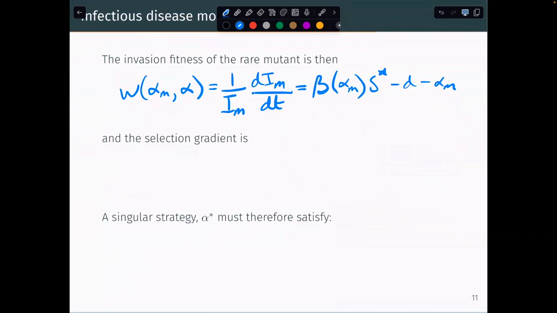So our selection gradient, s of alpha, in fact, because we've got an S in this model, it's a little bit confusing, I'm going to make this a lowercase s to make sure it's distinct from our density of susceptibles. So this is our selection gradient, not our density of susceptibles. s of alpha is just going to be our partial derivative of invasion fitness with respect to our mutant trait, alpha_M, evaluated when alpha_M is equal to alpha.